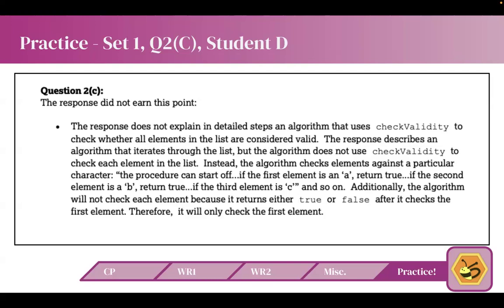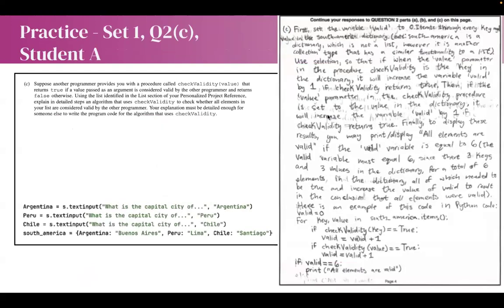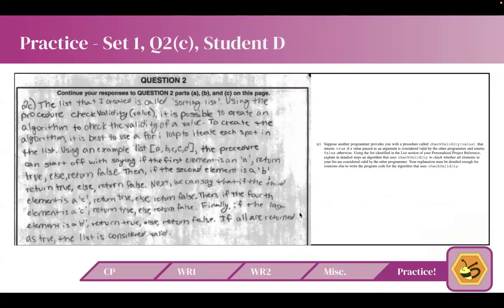Quote, the procedure can start off if the first element is an A, return true. If the second element is a B, return true. If the third element is a C, and so on. Additionally, the algorithm will not even check each element because it returns true or false after it checks the first element. Therefore, it will only check the first element. So we see how this is the case, and it's not actually using check validity in its algorithm.